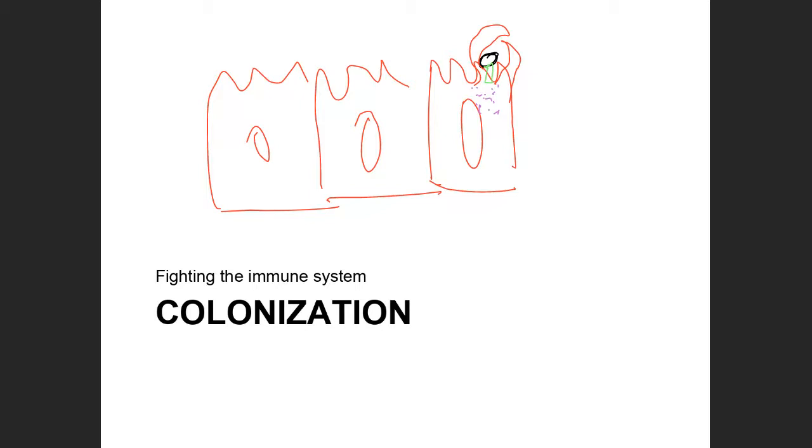Remember, the goal here is to go into deeper tissue. Now the bacteria has been phagocytized, so it's inside the phagosome. And inside the phagosome, the bacteria will again secrete type 3 secretion system proteins, which are going to surround the phagosome and prevent phagosome-lysosome fusion.